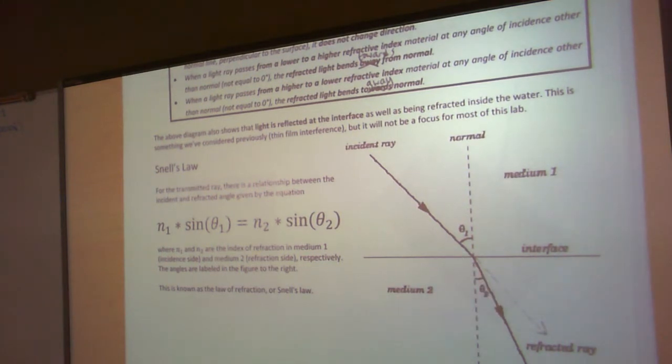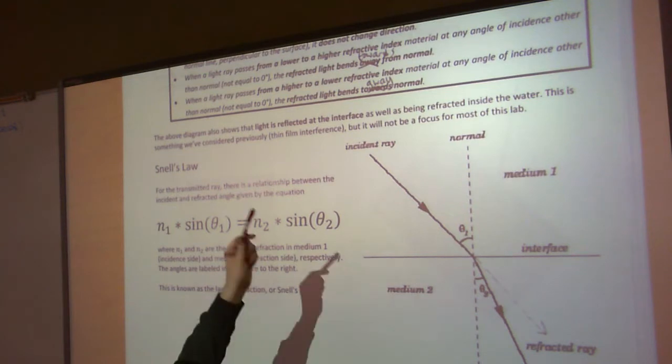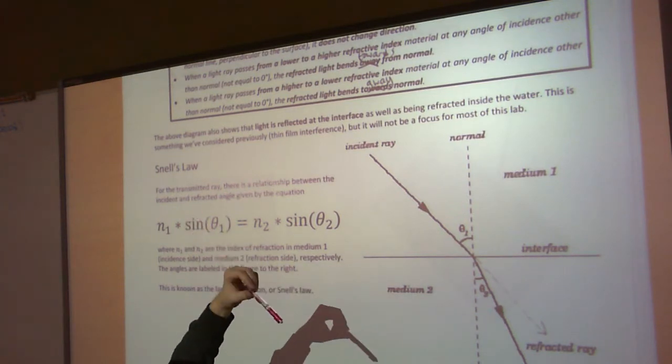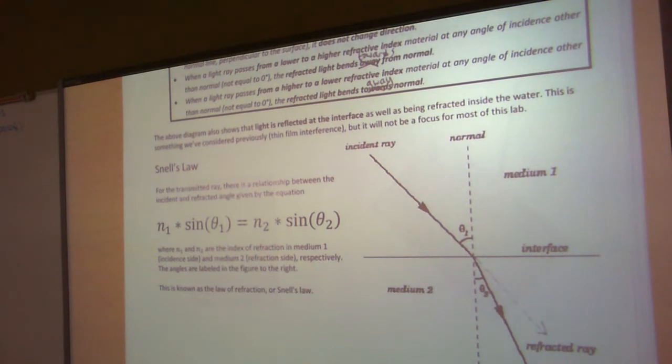And in this case, which of these two media are going to be a higher refractive index? Second one, bottom. Medium 2. When we go from a lower to a higher refractive index, it bends towards normal. Yep, this is like that fishing problem, right? Where you see the fish right here, but really it's over here.